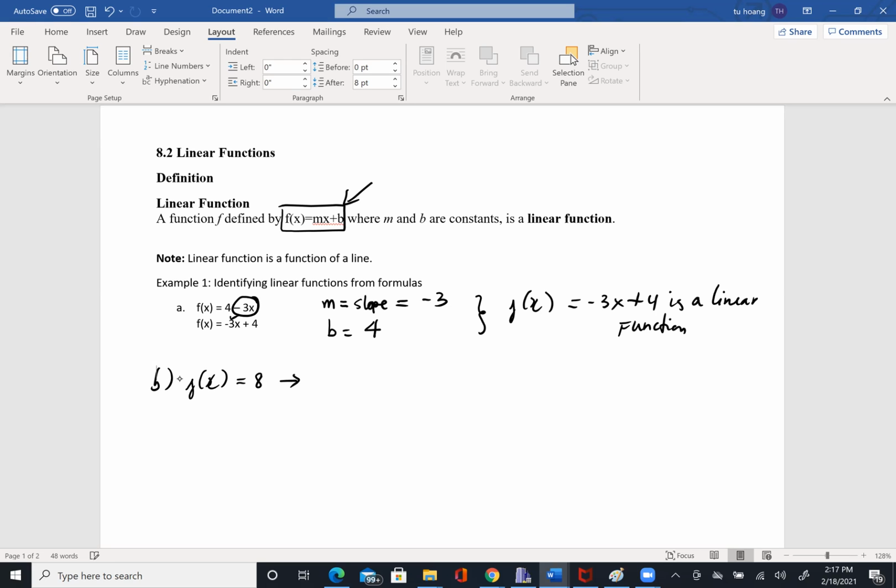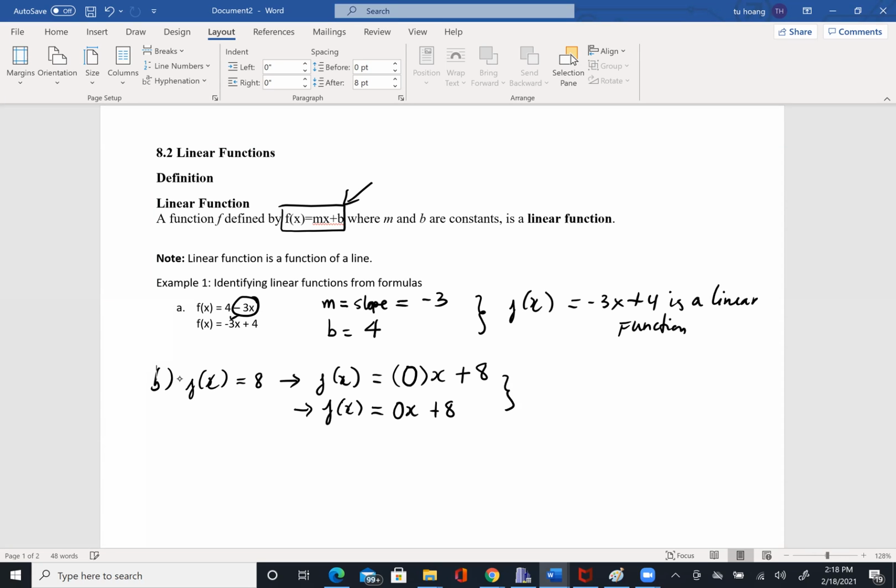So can I rewrite it as f(x) equal to something multiplied by x plus the number 8? You can right away know that the thing multiplied with x is going to be 0, because 0 times x is going to be 0, right? So then you have only 8 left. So I can rewrite it as f(x) = 0x + 8.